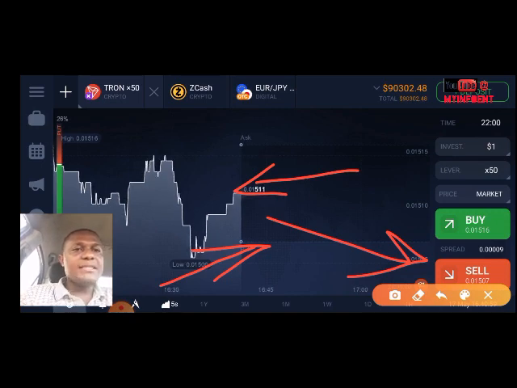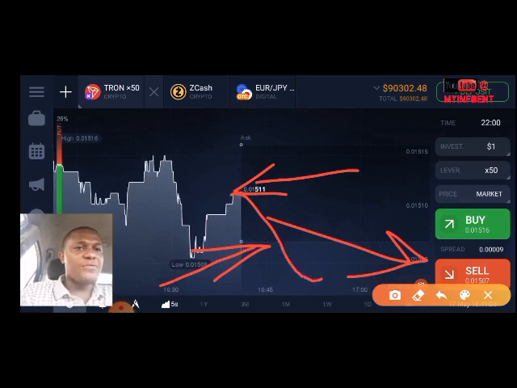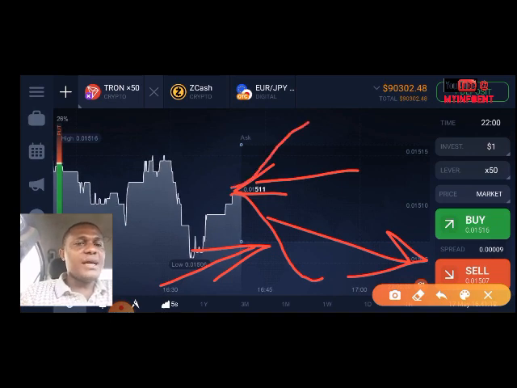Only when the price movement falls below the bid price do you start making profit. If it's a buy position, when the trend moves above the ask price, that is when you start making profit.